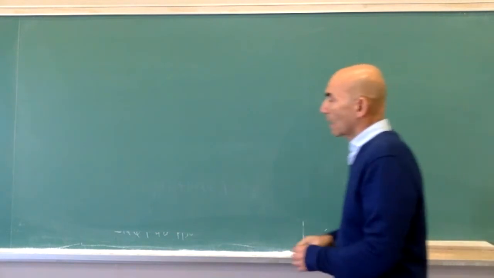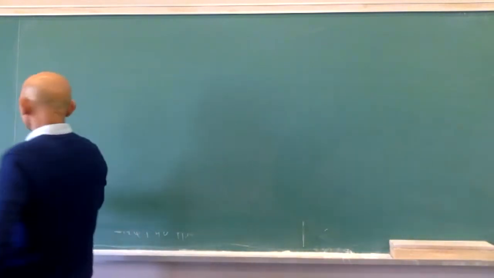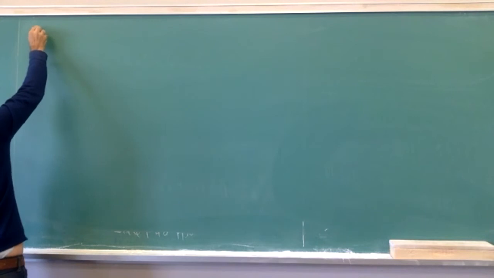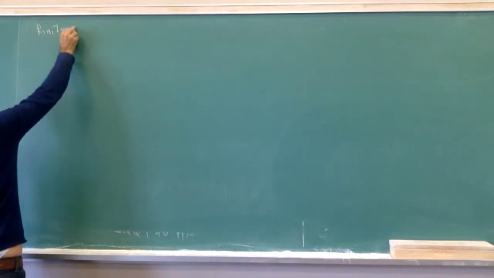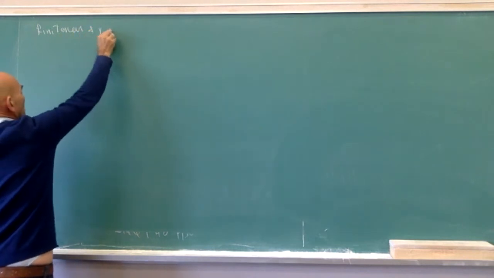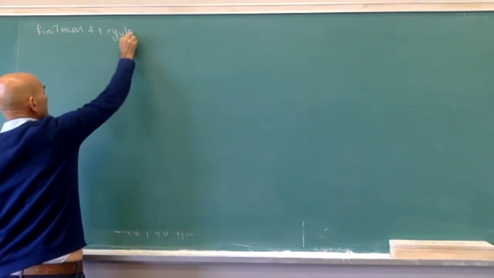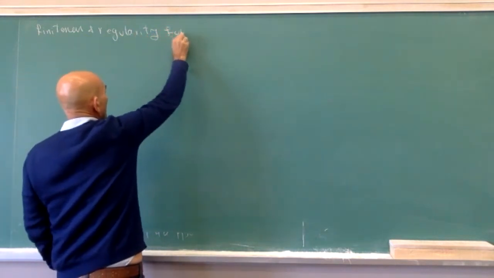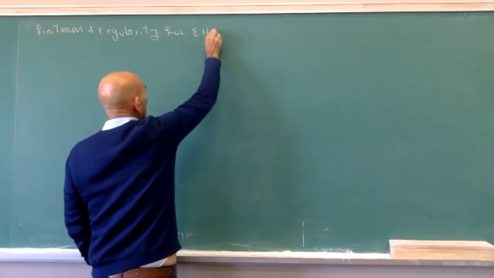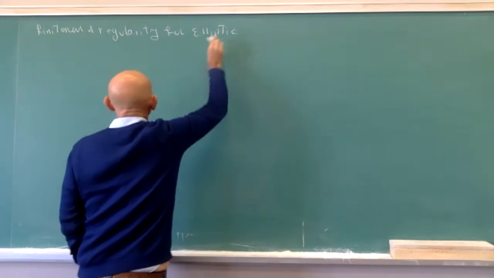So assume we have an elliptic complex. So this is finiteness and regularity for elliptic complexes.